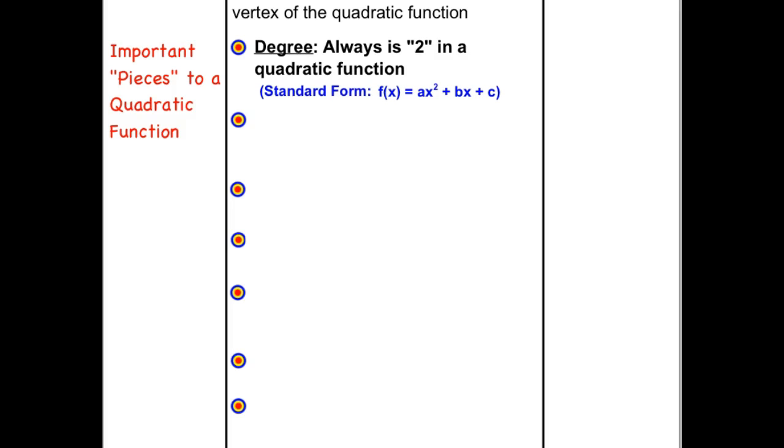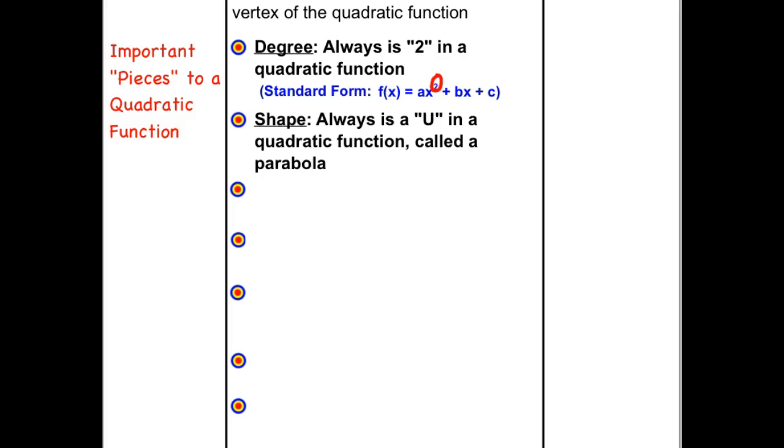So remember when we talked standard form, ax squared plus bx plus c, because it is squared, that's the highest degree, therefore that's why it is a degree of 2. Shape, always a U in a quadratic function, called a parabola. So every single time I ask you for degree, I'm looking for the name, or the degree and the shape. So it'll always be 2 and parabola.